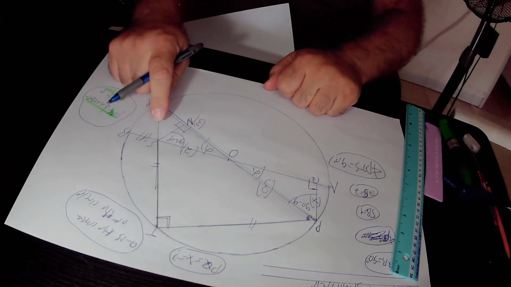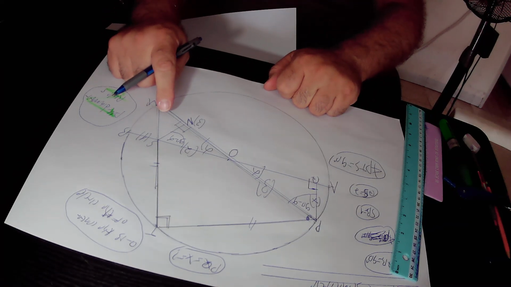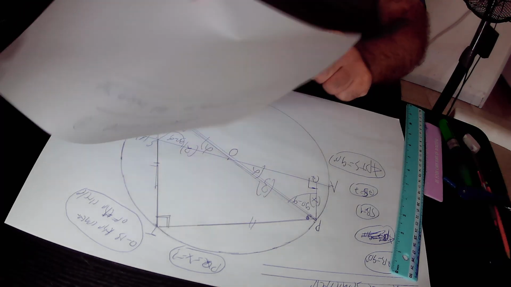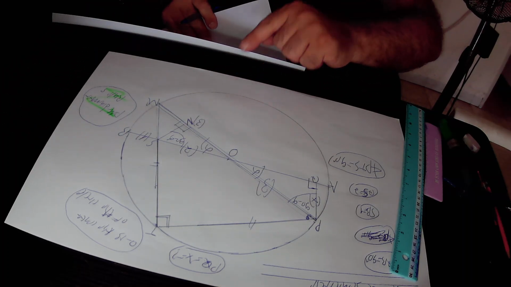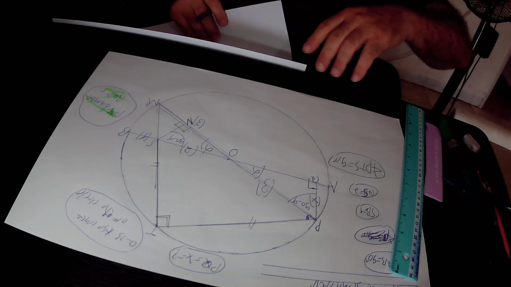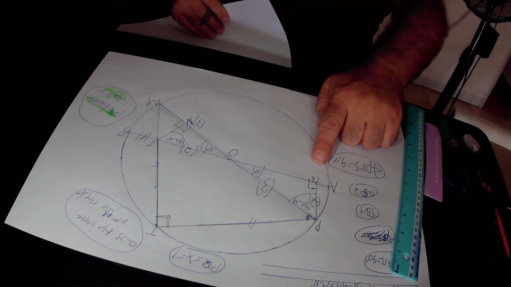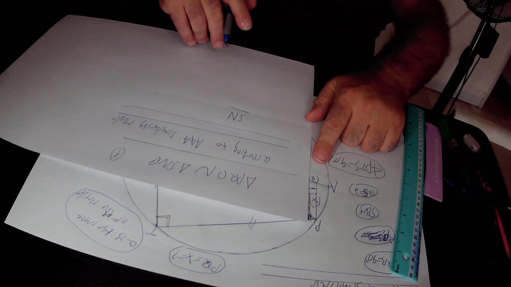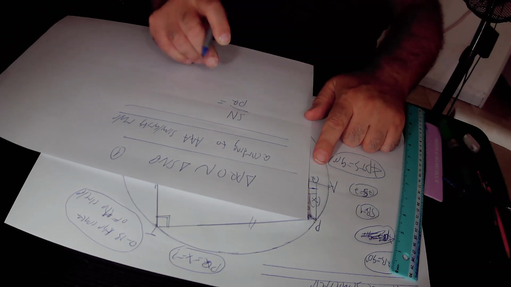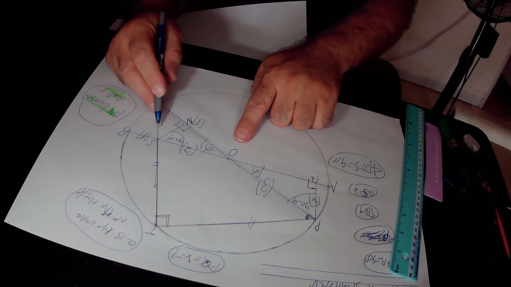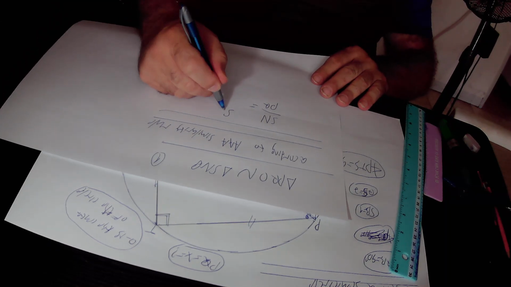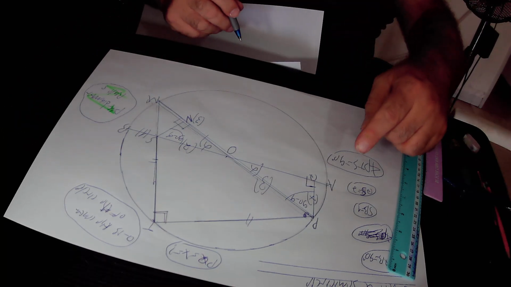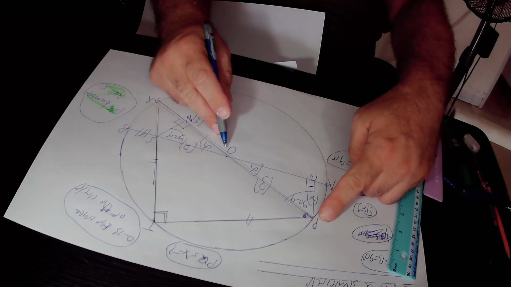We will derive that side SN of the small right triangle SNO over side PQ of the upper right triangle PQO is equal to side SO of the lower right triangle SNO over side PO of the upper right triangle PQO.